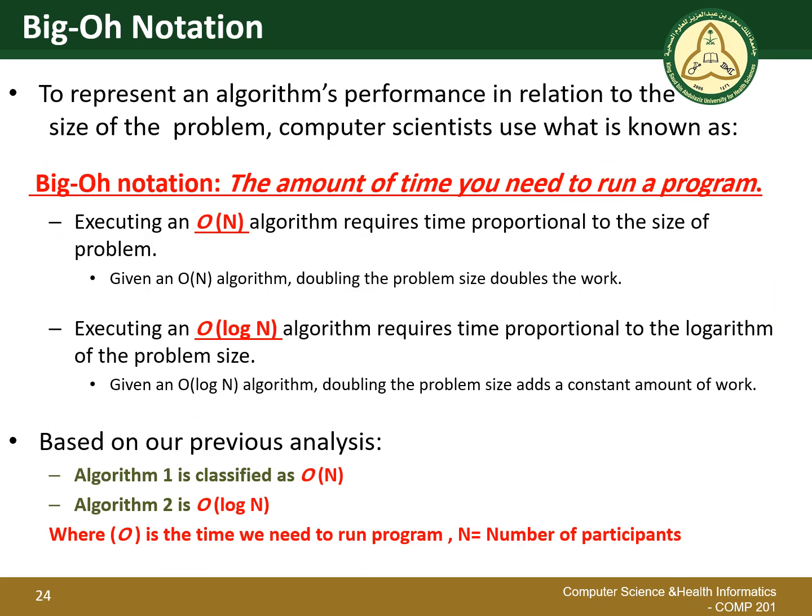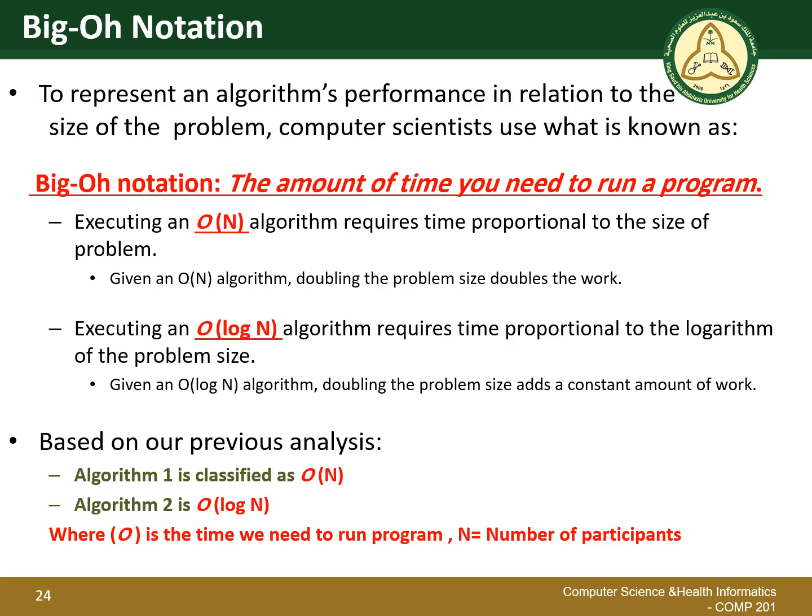In computer science, we call the amount of time you need to run a program big O notation. So big O notation is a term that means the time you need to run a program. When we classify an algorithm as big O of n, it means the program requires time proportional to the size of the problem.